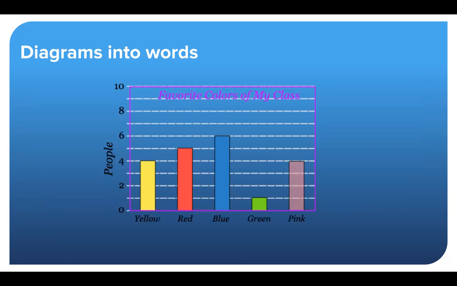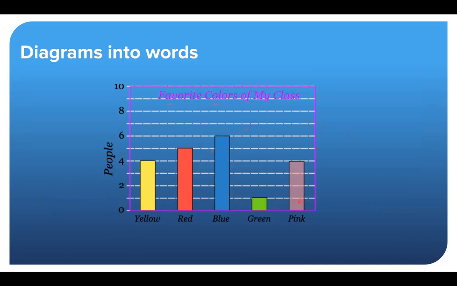Okay, here we've got an example of turning diagrams into words. So the idea here is, this is a graph or chart showing students' favorite colors in the class.